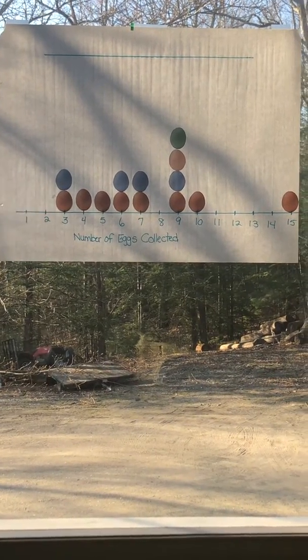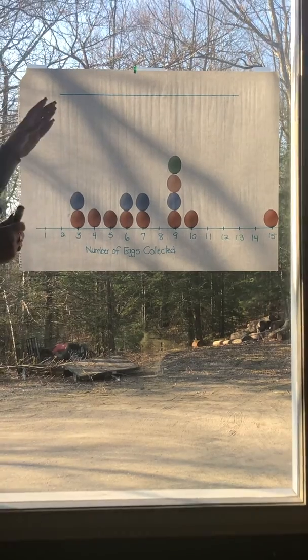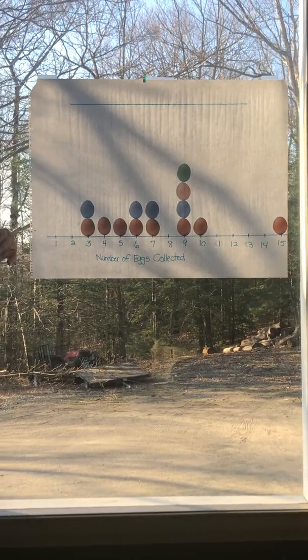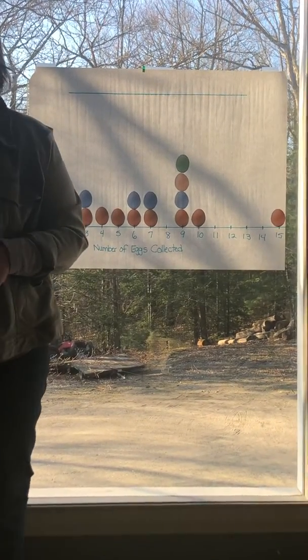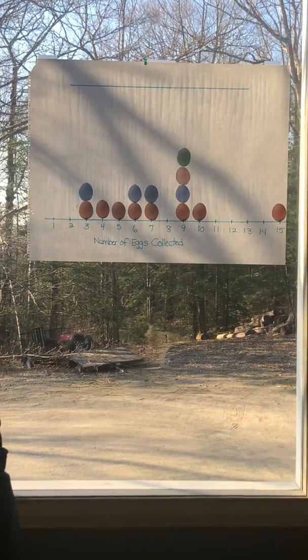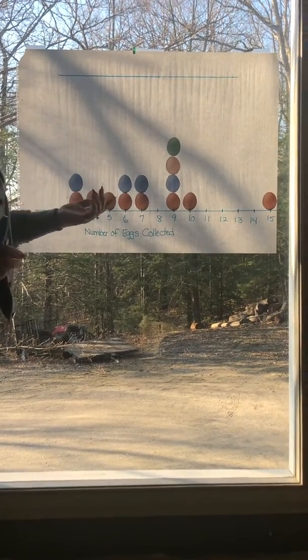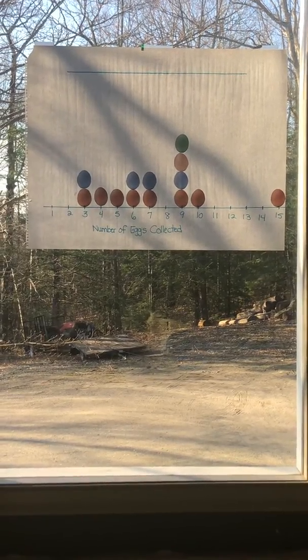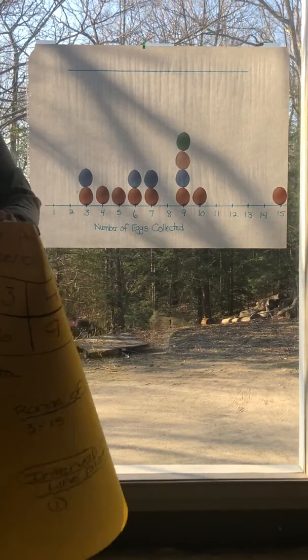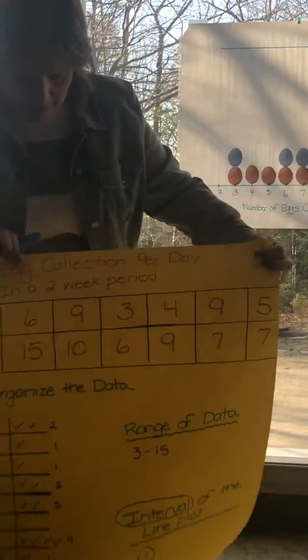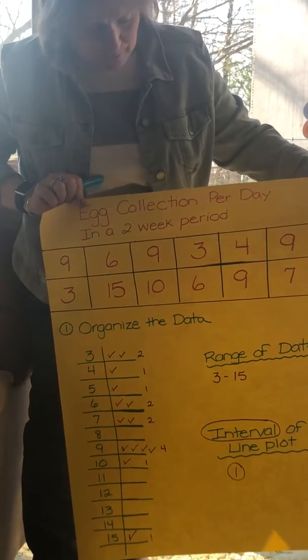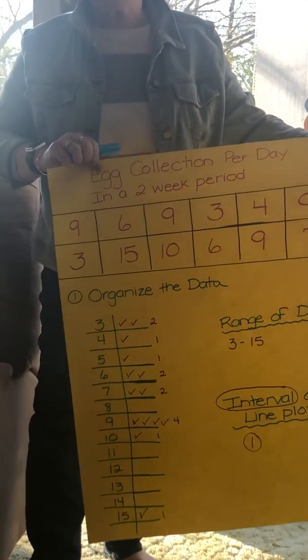There's a few things I want to talk to you about on there, but before we do it, we need a title, because every graph needs a title. So, we can go back to what our data collection said, and our title could in fact be Egg Collection Per Day in a 2-week Period.